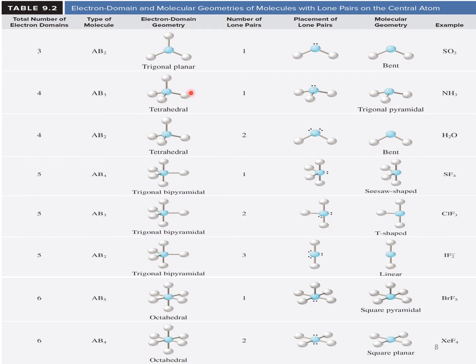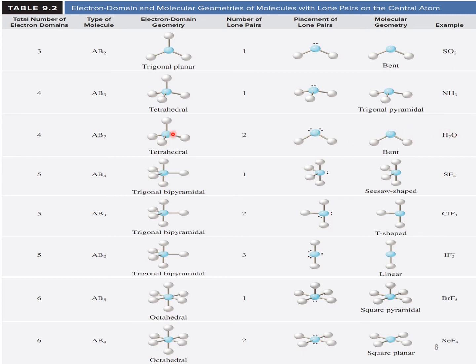Here, we have a tetrahedral geometry. If we replace one of those locations with a lone pair, it becomes trigonal pyramidal. It makes this little pyramid. This was the NH3 situation. That lone pair is taking up space up here, which will push down these hydrogens. You can see there's a bunch of other ones. We have another scenario where it's bent. This is like water.